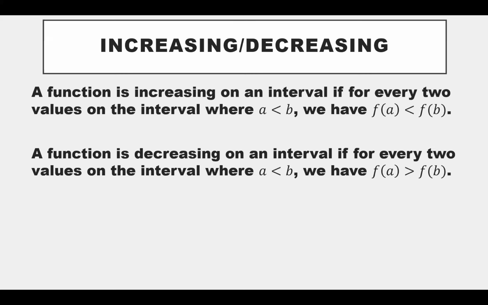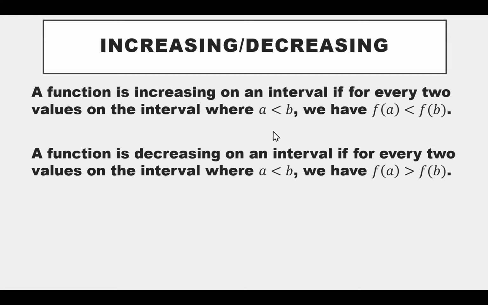A function is increasing on an interval if for every two x values on that interval, where the x value of a is less than the x value of b, we have that the output of the function when I plug in a is less than the output of the function when I plug in b. Now, that's just a fancy way of saying as x gets bigger, y also is getting bigger. So as the x values are growing, then the y values are also growing.